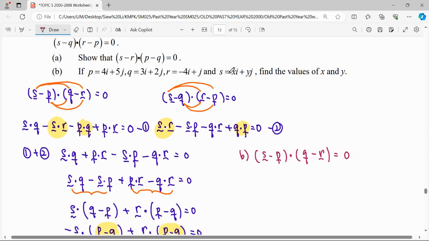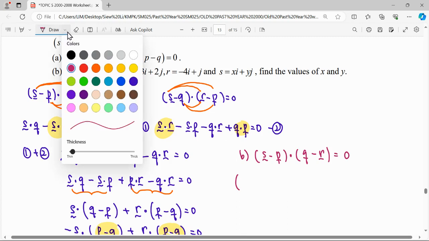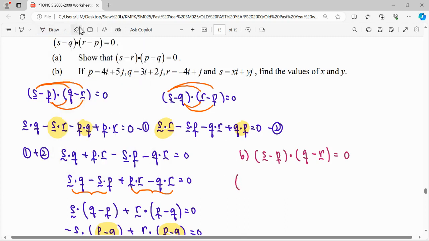So for the vector S minus P, it will be x minus 4, then for the vector, y minus 5.